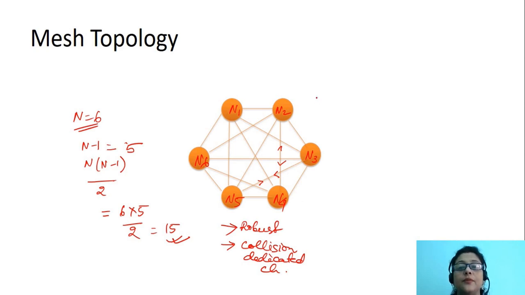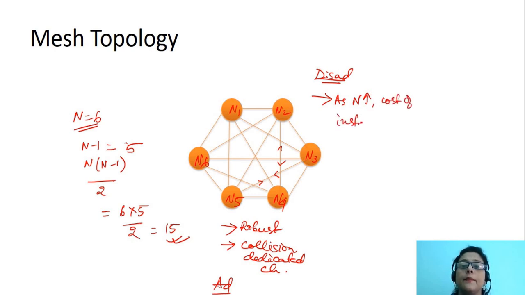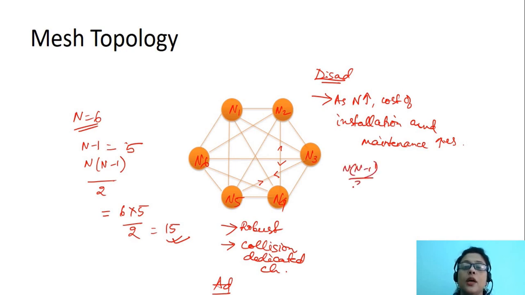But the disadvantage is that as N increases, cost of installation and maintenance also increases because total number of links is N into N minus 1 by 2, and if N increases, then the number of ports also increases and the number of dedicated links also increases.